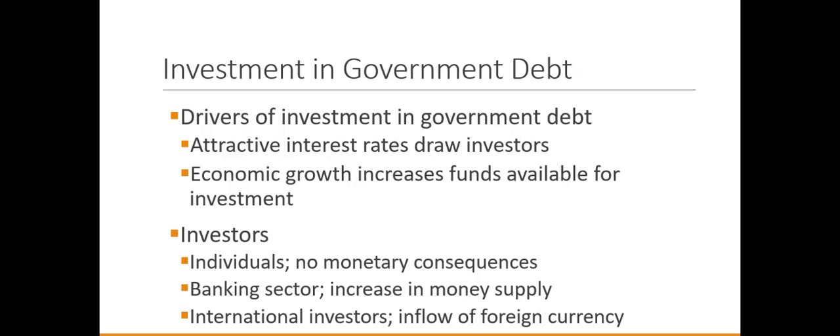An investment into government debt means the investor provides funds to the government, and the government is the borrower. The government receives the funds and then has the obligation to repay both interest and eventually principal. Who invests in government debt? Individuals, banks, and international investors.